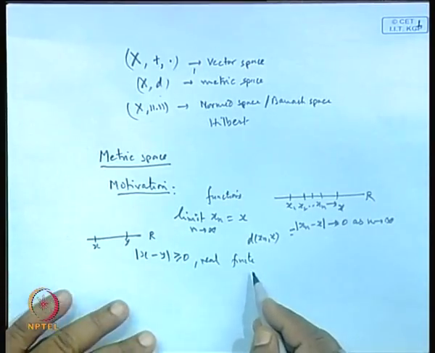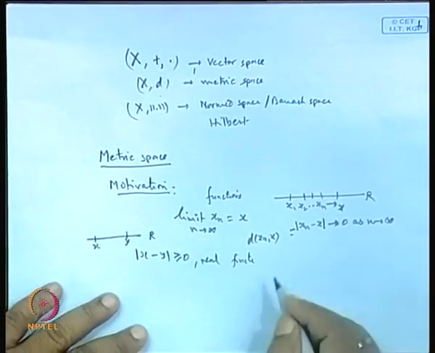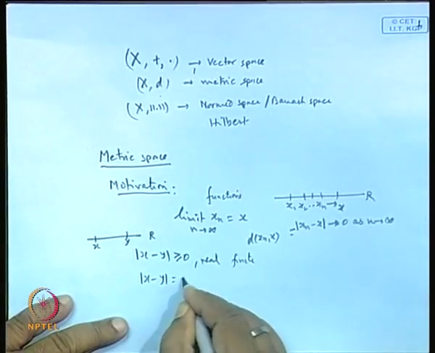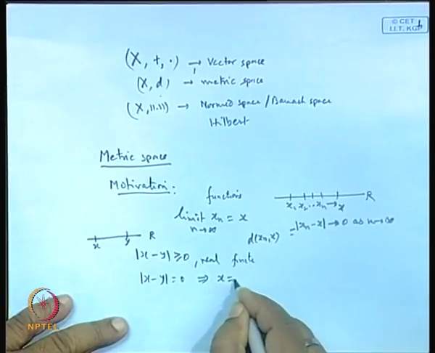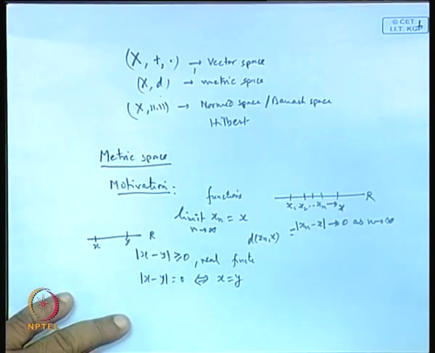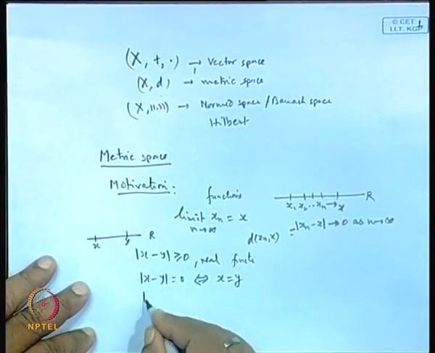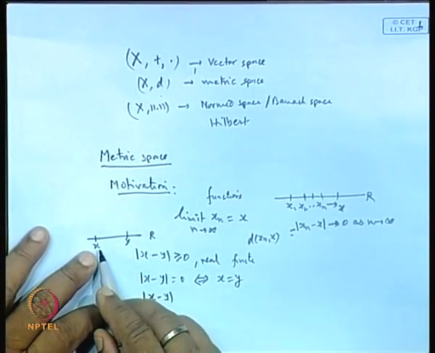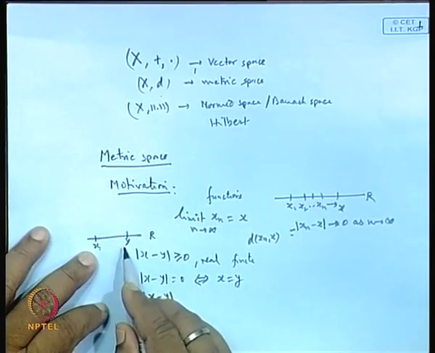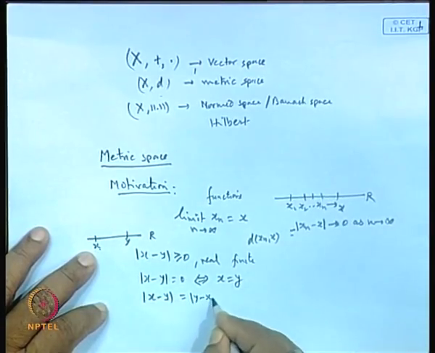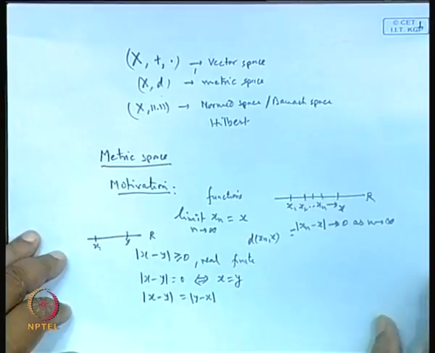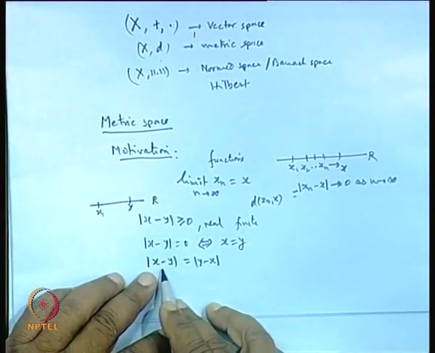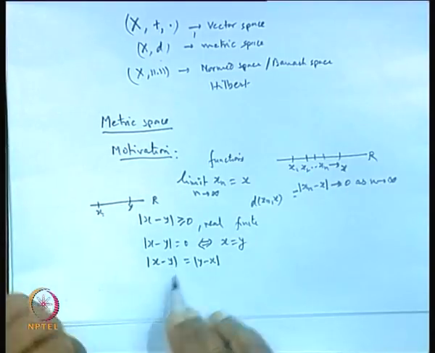It is a real, finite, non-negative number. It can be 0 only when x is equal to y and vice versa. Then whether we measure the distance from x to y or from y to x, the distance remains the same. That is, d is symmetric in x and y.